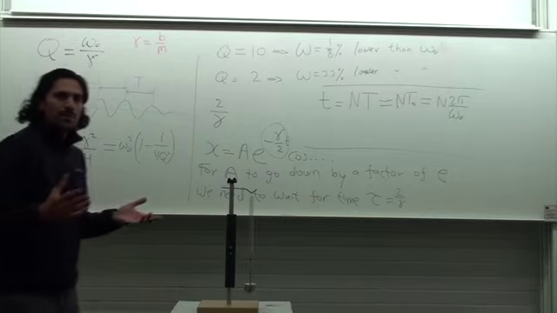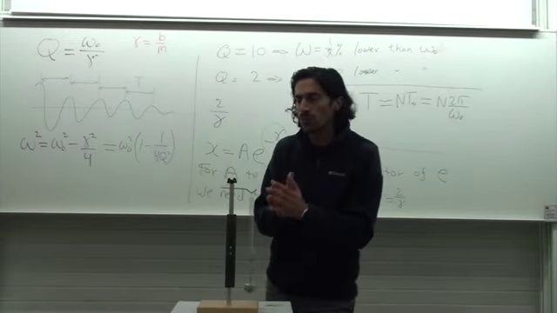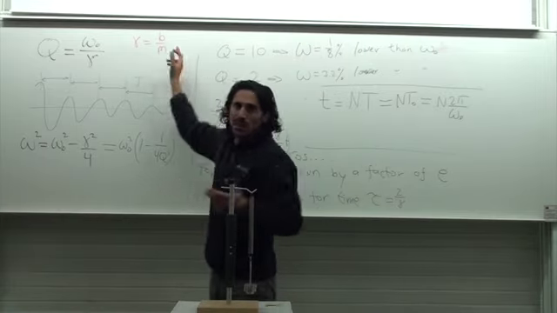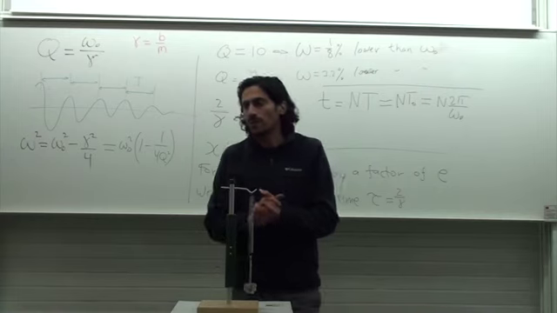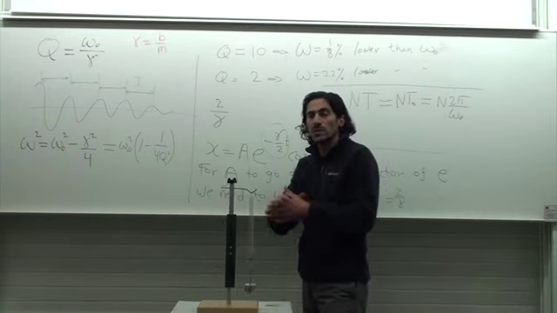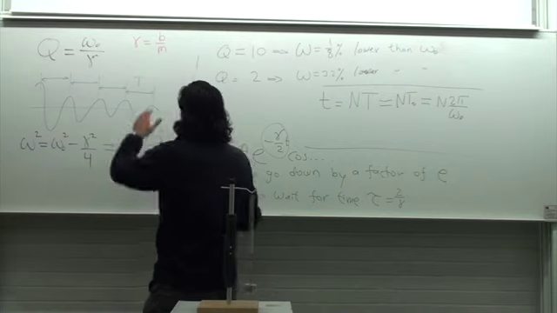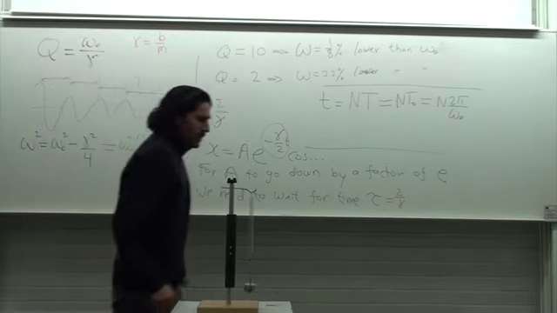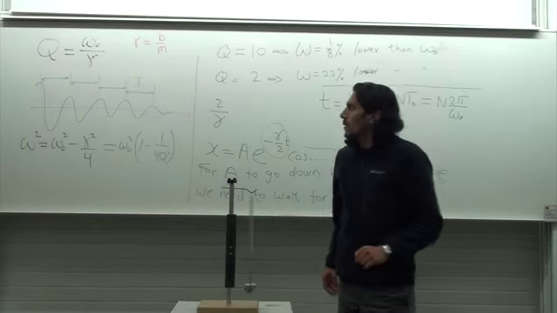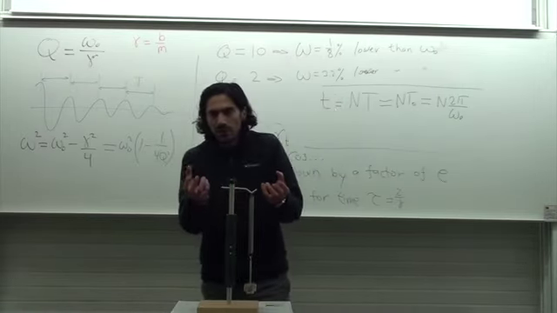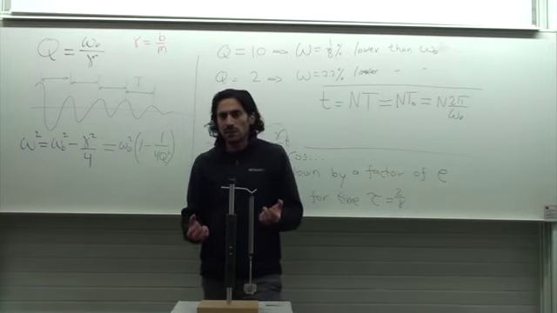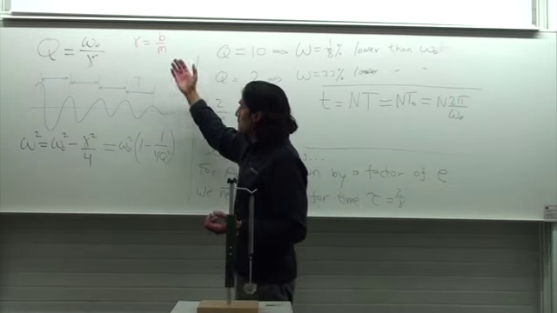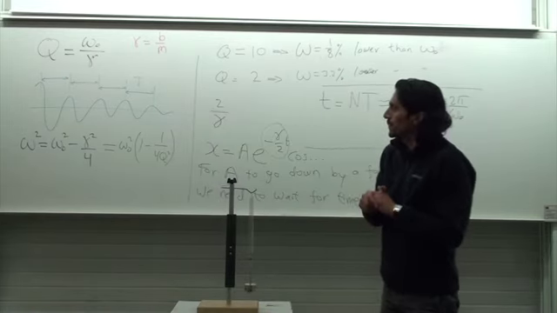So if I have two objects with the same shape, and B is the same, it's the same constant. It has to do with, let's say, the air drag here in the room. But we have two different masses. Let's say I have two balls, one tennis ball and the other one is a light ball. What do you expect to see in terms of the damping?